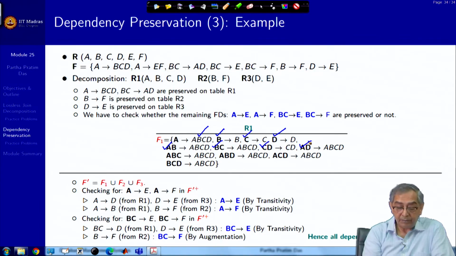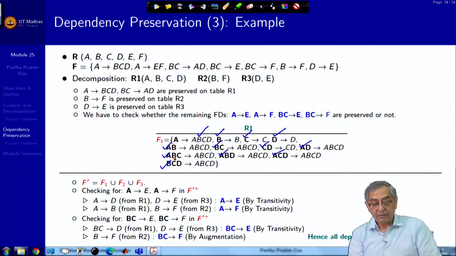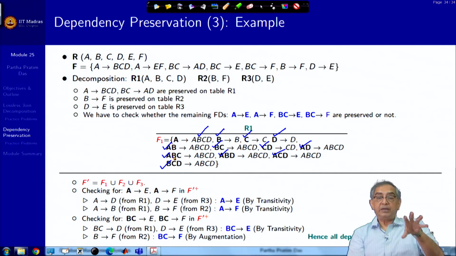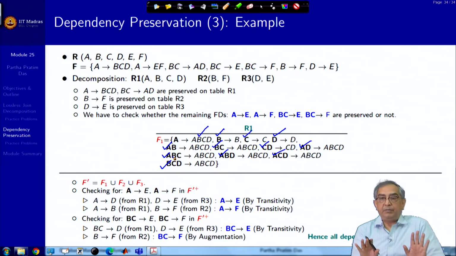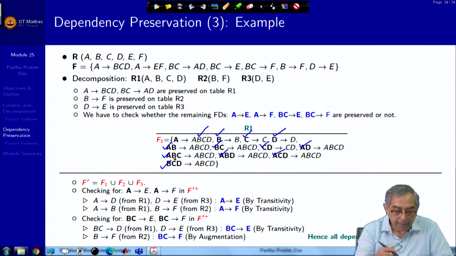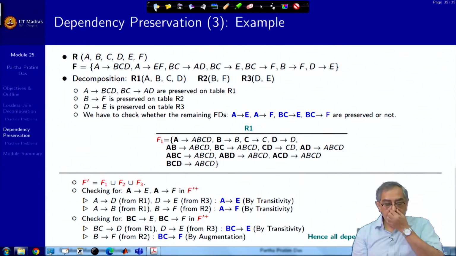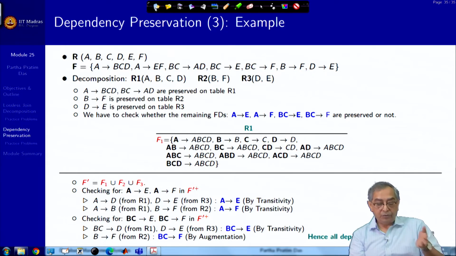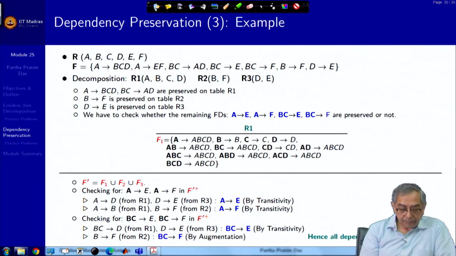So, pairwise attributes, then triplets of attributes. Okay. So, this is the entire F1 set. These are the functional dependencies that will get checked on R1. Similarly, you can do it for R2 and R3.